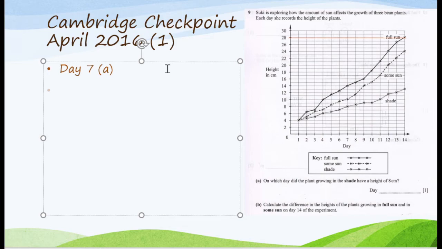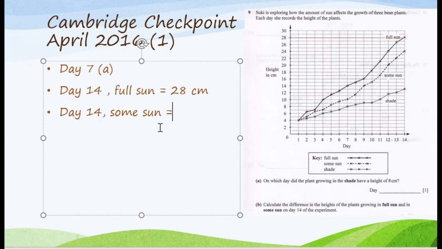And then after that, we need to find the difference of that and day 14 for the sun, right? So we do the same thing just to help you read this. The sun is the middle one, so I put the line there, and day 14, this one is 24.